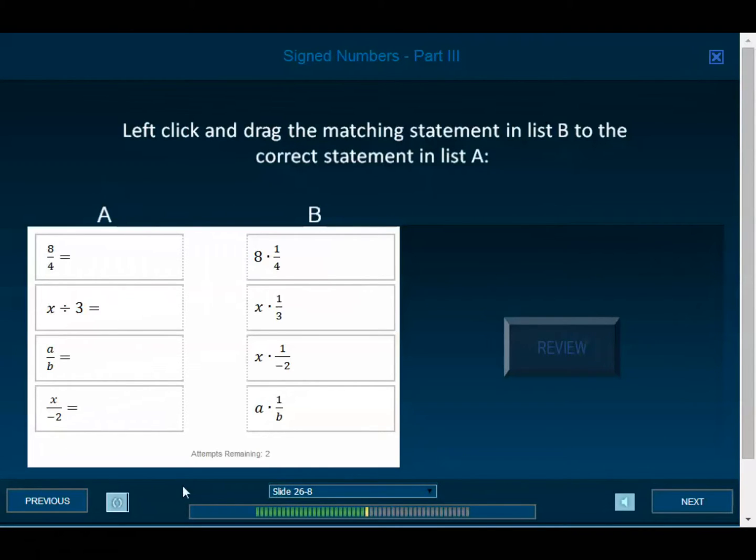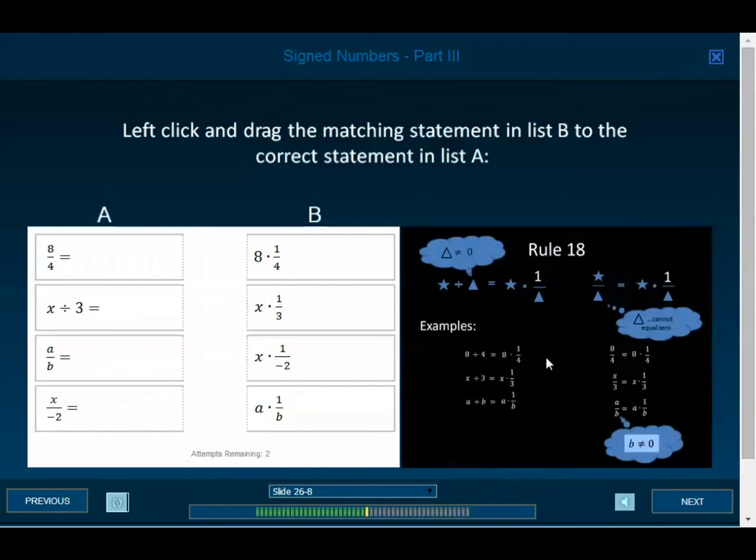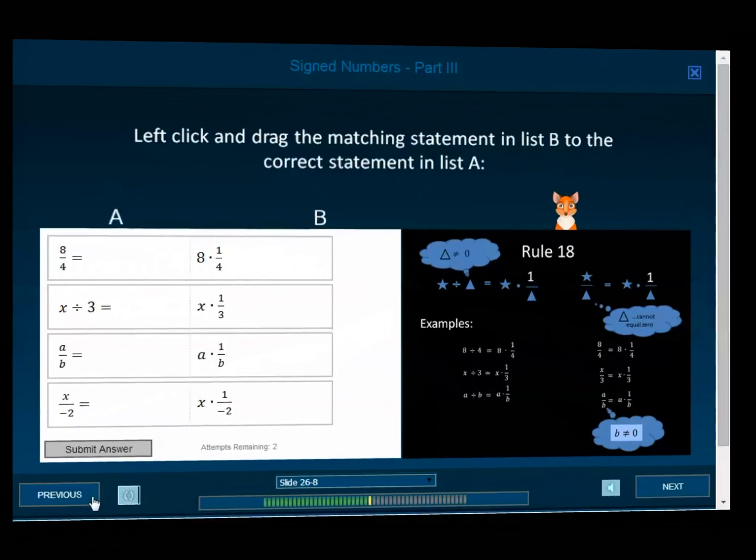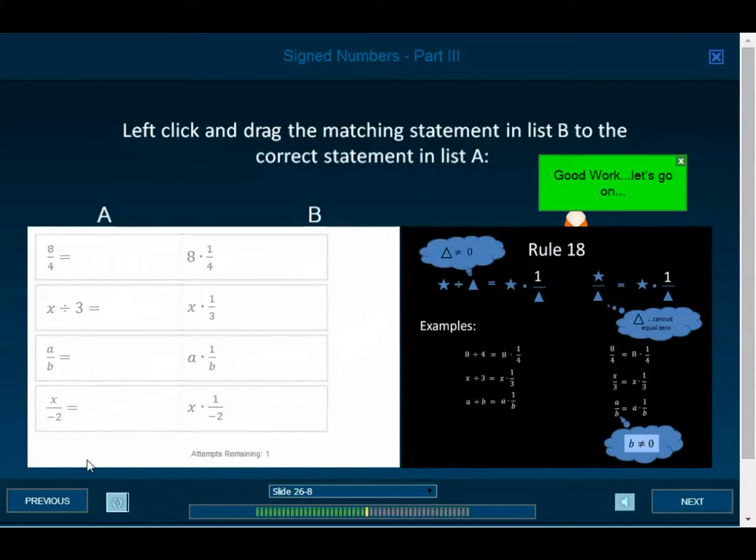Left-click and drag the matching statement in List B over to the correct statement in List A. Good. 8/4 is equal to 8 times 1/4.